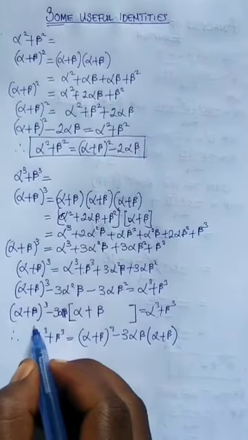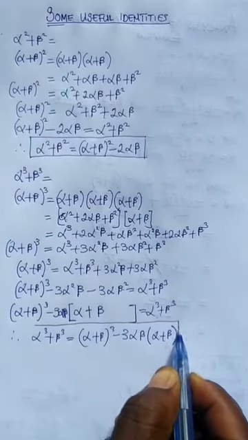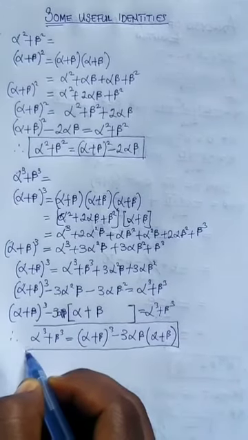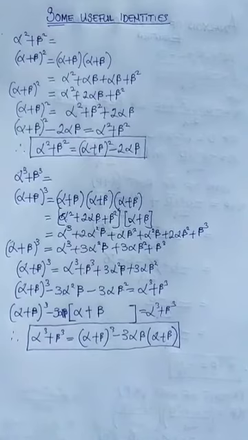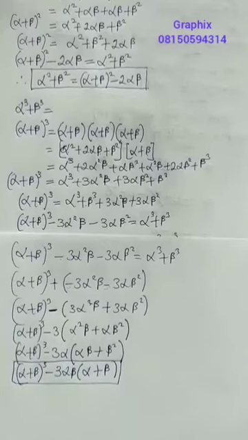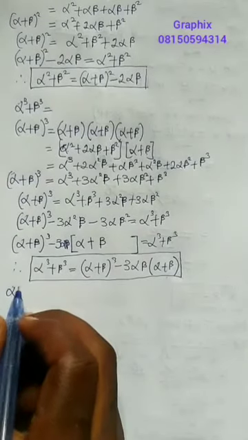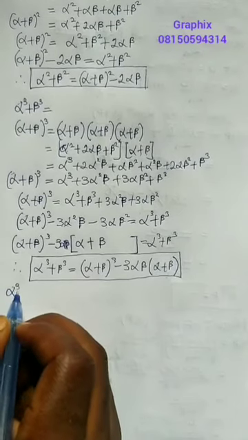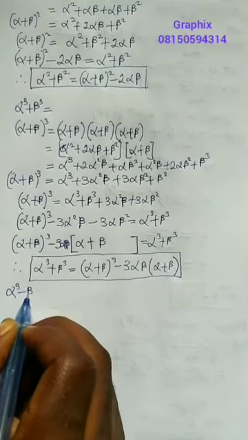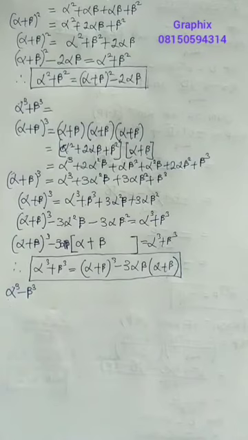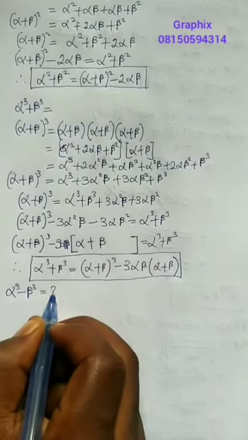So this is another relationship here. The next one is alpha cube minus beta cube. This is another relation, so we're looking for this.